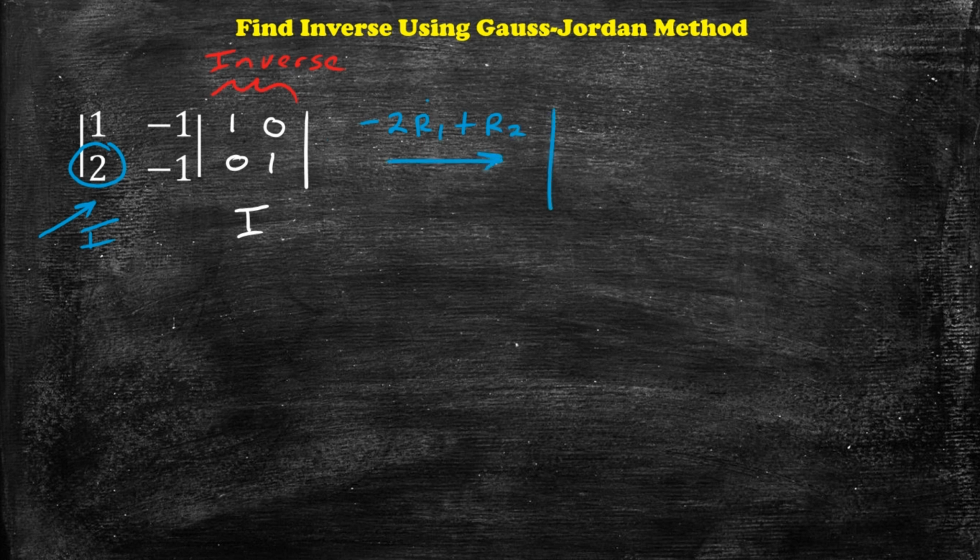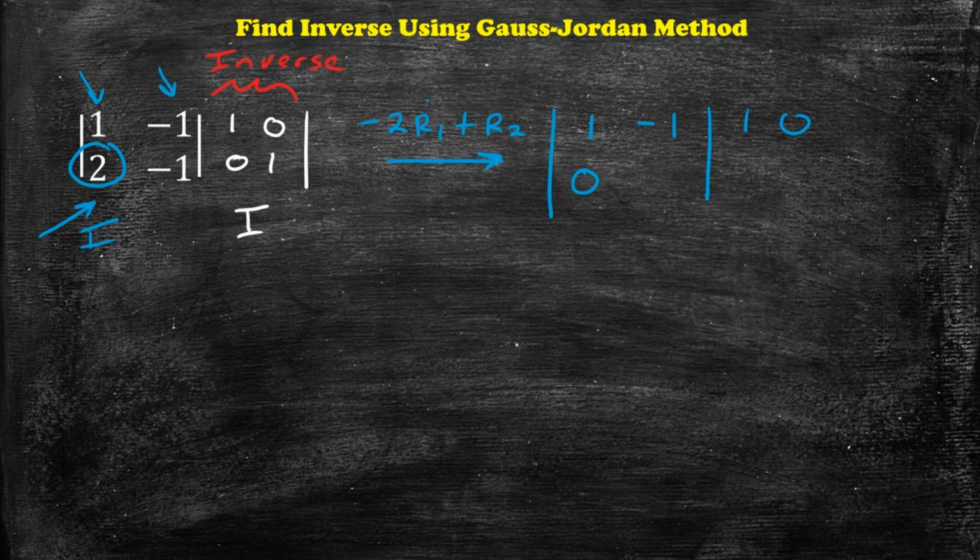Okay, and by doing that, what we're going to get is 1, -1, 1, 0, and then we get -2 times 1. We're looking up here, so -2 times 1 is -2, plus 2 is 0.